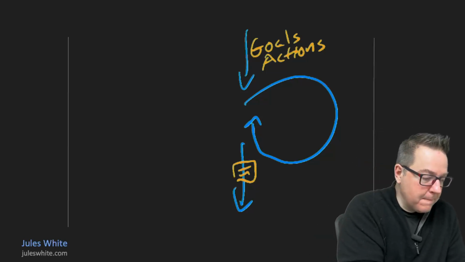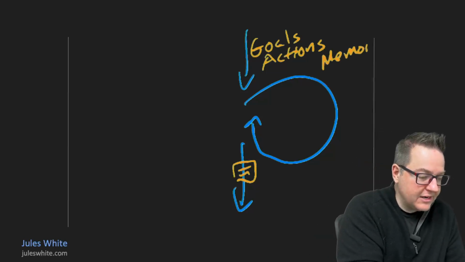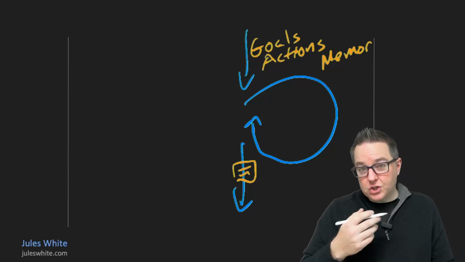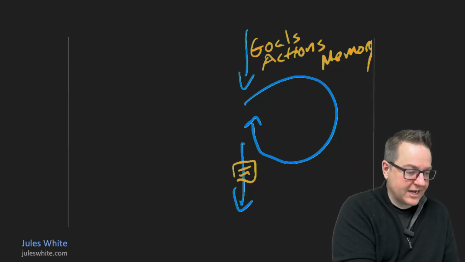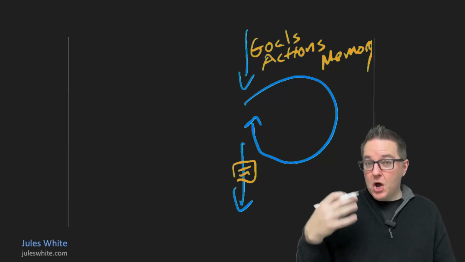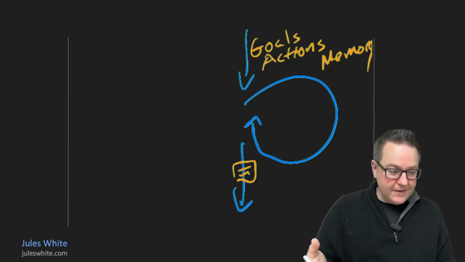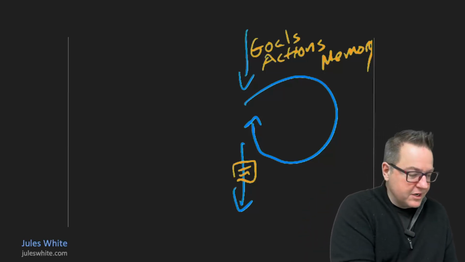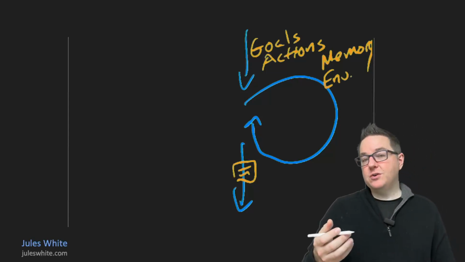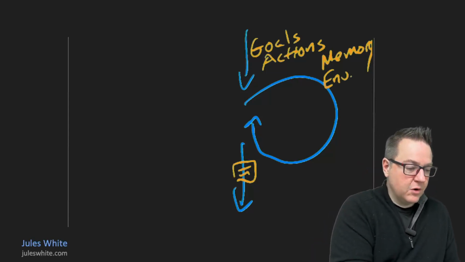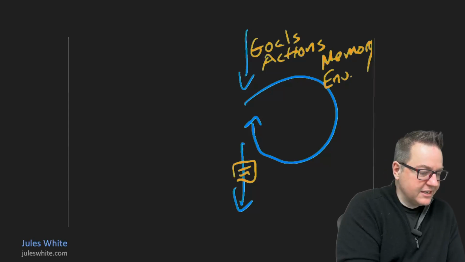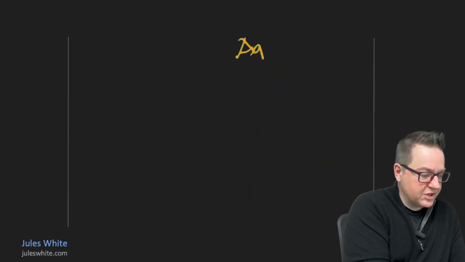We're going to give it memory so that it can see the result of past actions and know what happened and remember what it did. And then the last thing is we're going to give it an environment to execute those actions in. So these things basically compose an agent.